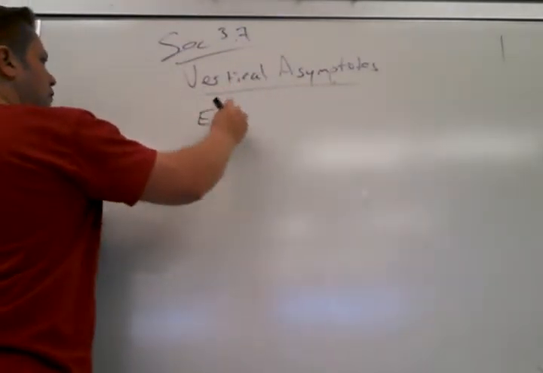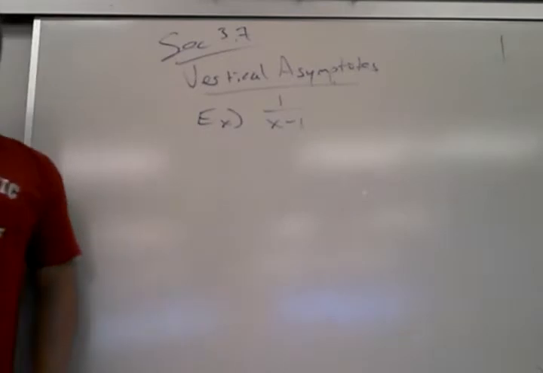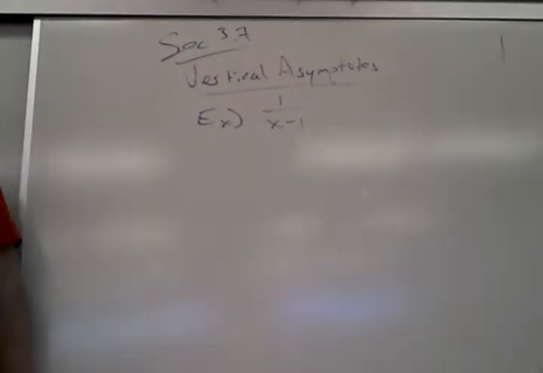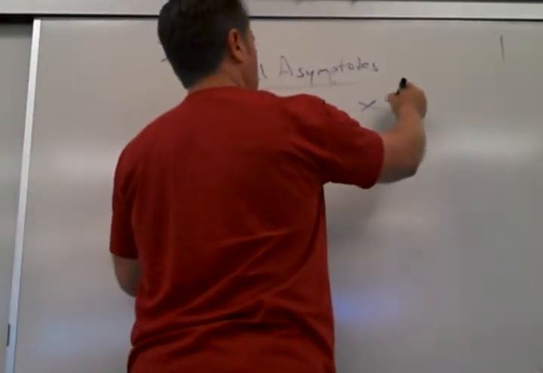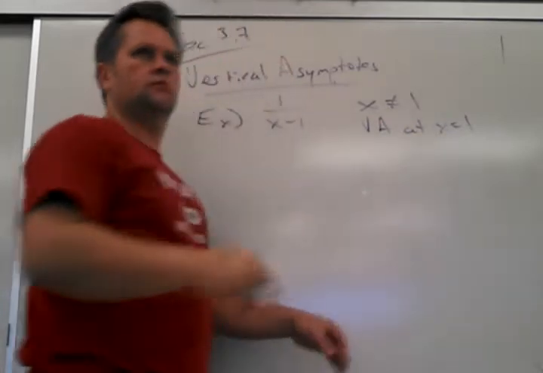An example, a very simple example, would be that. It's even easier than the one we looked at last time. Vertical asymptotes are walls that I put up that say you cannot go here. This is not a part of your domain. So in this case, what would that vertical asymptote be? Yeah, x can't be 1, so there would be a vertical asymptote at x equal to 1.